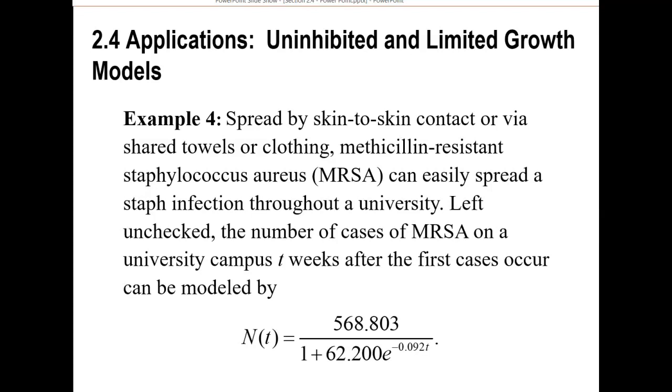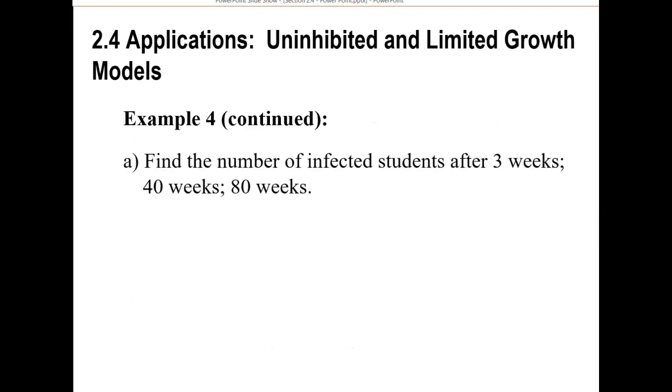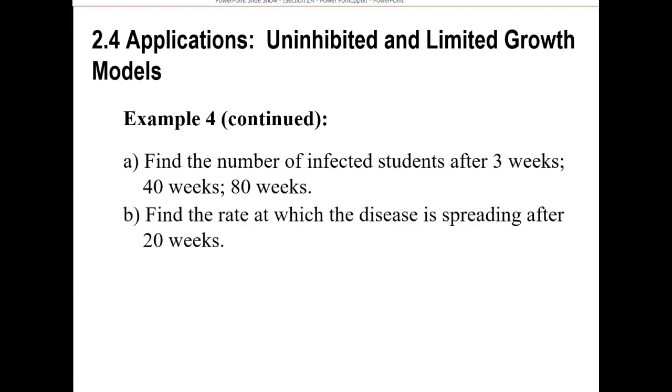Left unchecked, the number of cases of MRSA on a university campus t weeks after the first cases occur can be modeled by this logistic model. Okay, so they've given you what the model looks like. We'd like to find the number of infected students after 3 weeks, then after 40, and after 80. That just simply means plug in a 3, then a 40, then an 80 into your model.